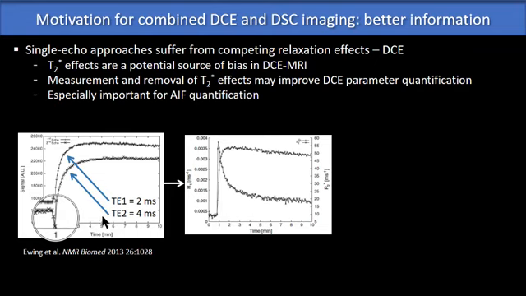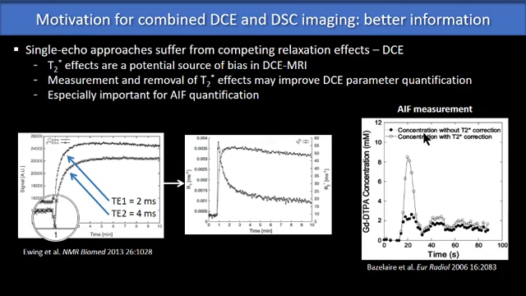So that's even at 4 milliseconds. And they also point out that once they convert using the two echoes to a delta R1 curve, that this curve looks different from either of the individual curves. And that indicates that even at 2 milliseconds, they're getting T2 star effects. And that's most obvious kind of in the first part of the uptake curve.